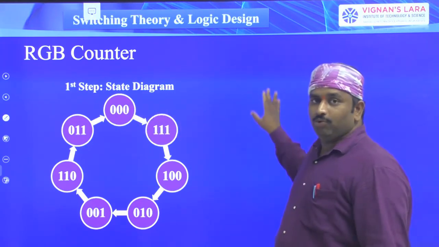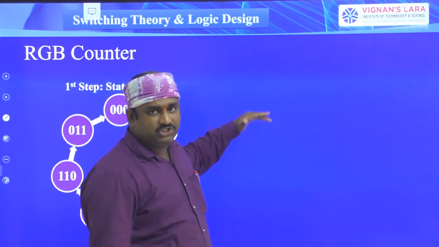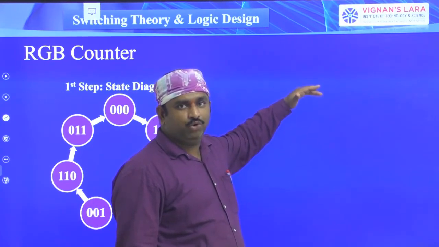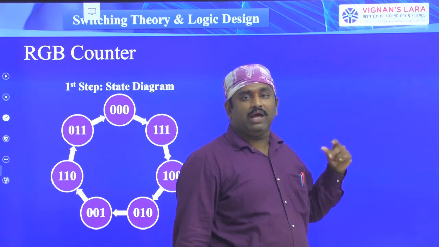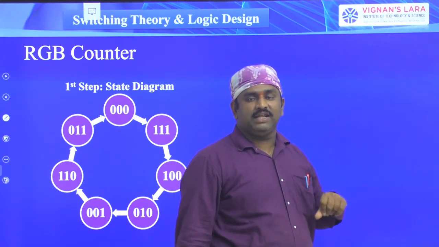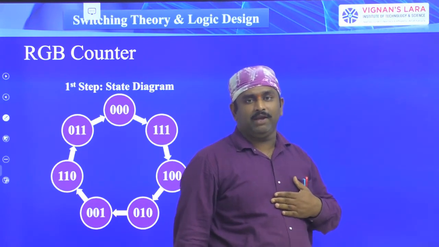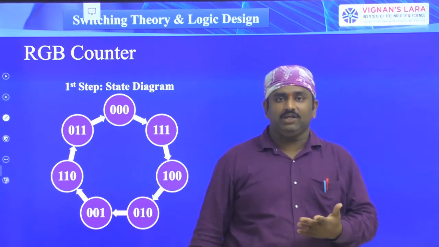That means now I am going to draw the excitation table. The present state consists of Q2, Q1, Q0, the next state also consists of Q2, Q1, Q0, and last I have to draw the inputs based on the selection of my counter. I selected T flip-flops for implementing my counter, so at the last I have to predict the T inputs.